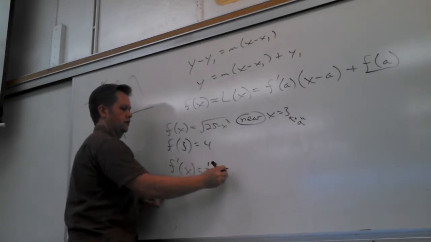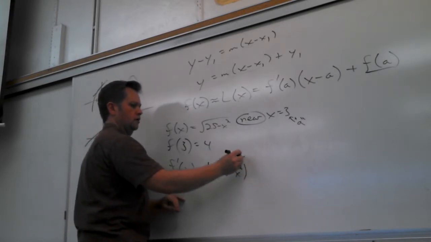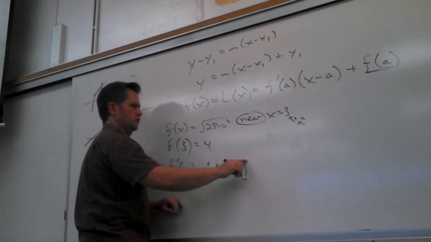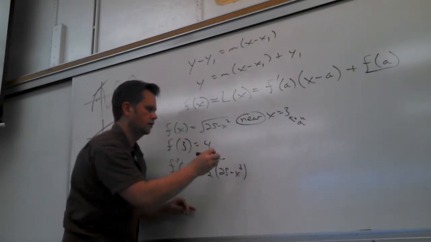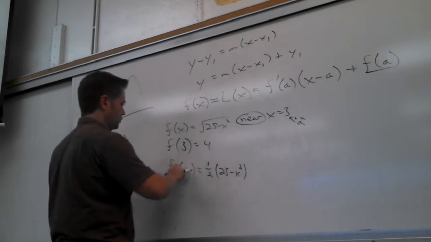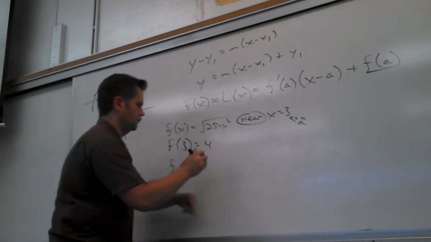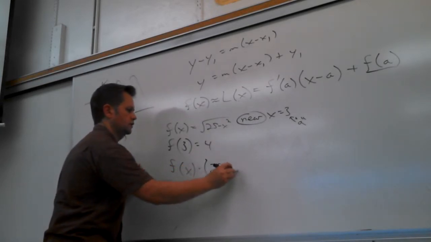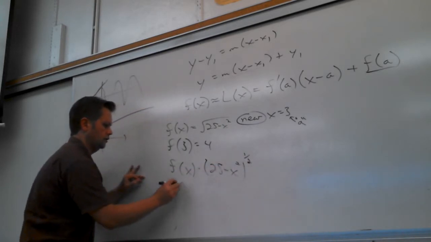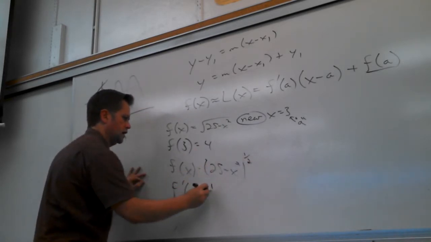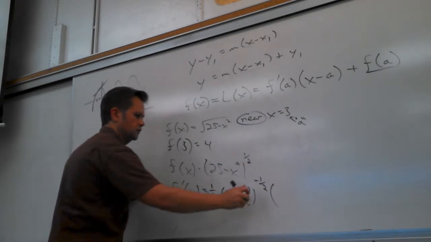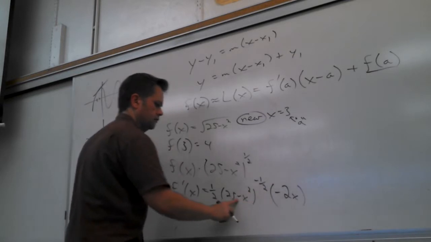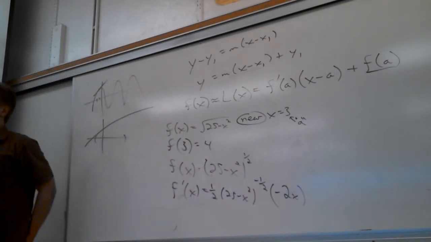Let me do this. Here's the function, 25 minus x squared to the 1/2. So now the derivative, the 1/2 comes down, and it goes down by 1. Negative 1/2. Now it's times negative 2x. All right, let me stop there for a second.